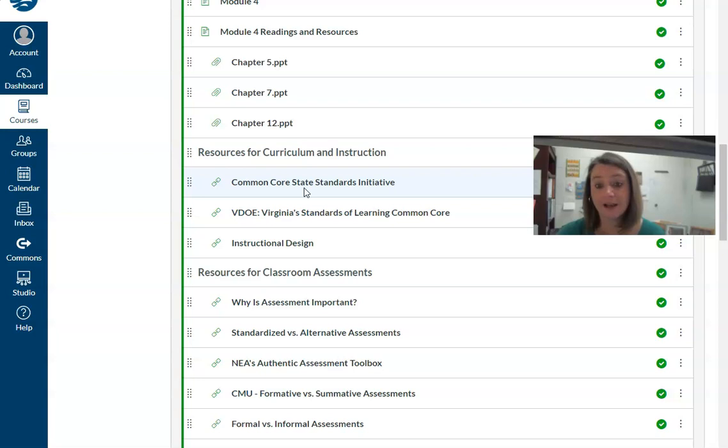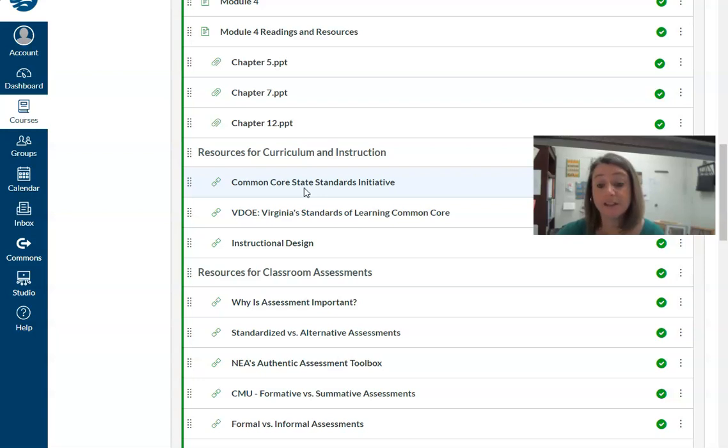Virginia is not a Common Core state. And I am very thankful for that. If you've never done any type of research into the Common Core, I would definitely encourage you to do that. It's a set of standards that were developed with the hope of the entire nation adopting them.